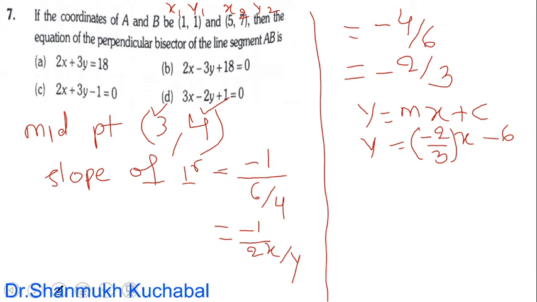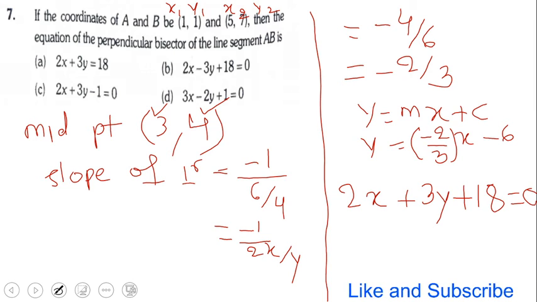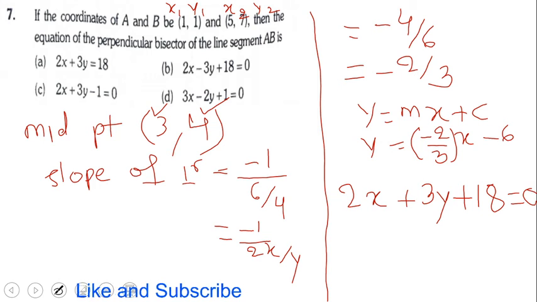Simplifying, we get the solution as 2x plus 3y plus 18 equal to 0. Therefore this is the perpendicular bisector to the line segment AB. Therefore clearly option A is the right answer.